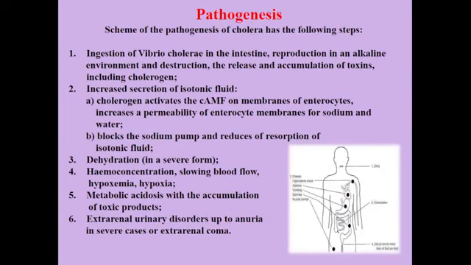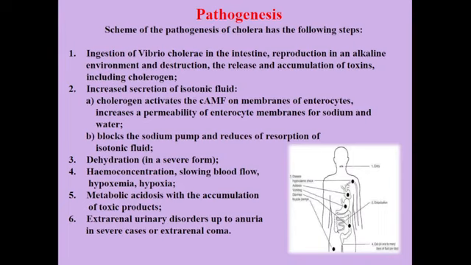So that's pathogenesis in words. The scheme of pathogenesis of cholera has the following steps: ingestion of Vibrio cholerae, reproduction in the alkaline environment of the intestine and destruction, the release and accumulation of toxins, including cholerogen, increased secretion of isotonic fluids. Cholerogen activates cAMP on membranes of enterocytes, increases the permeability of enterocyte membranes for sodium and water, blocks the sodium pump and reduces the resorption of isotonic fluids.